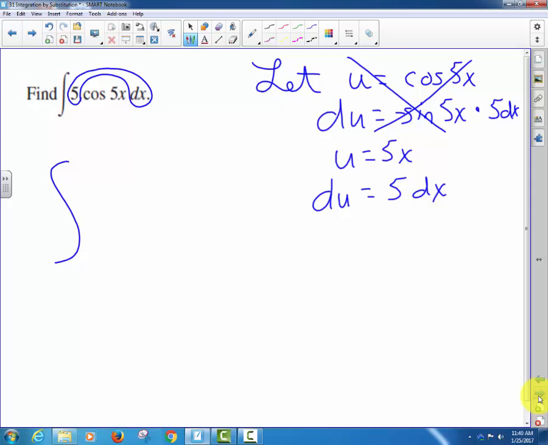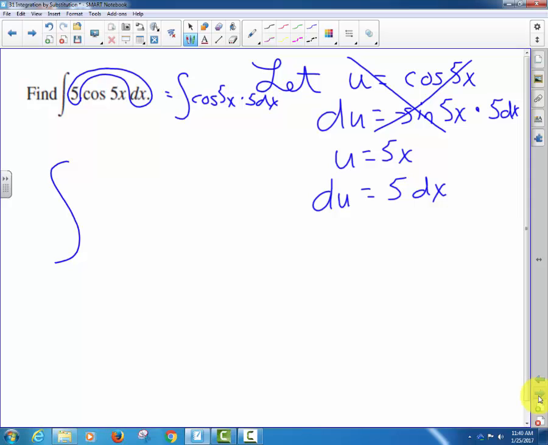If you're thinking strictly algebra, what does 5 cosine 5x dx mean? Multiplying them, right? That means 5 times cosine 5x times dx. If we're multiplying, we can move the order around, can't we? So this is the same thing as the cosine of 5x times 5 dx.